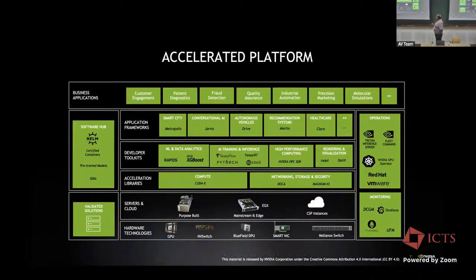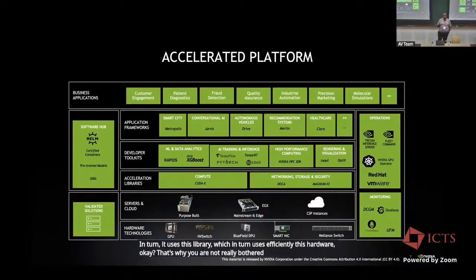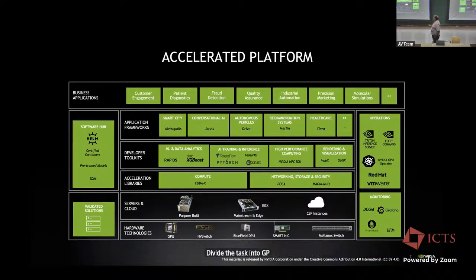In turn, platforms and toolkits are built on that, like TensorFlow, which uses these libraries, which in turn efficiently use this hardware. That's why you are not bothered about how to divide the task onto GPUs, because this is being done at this level.